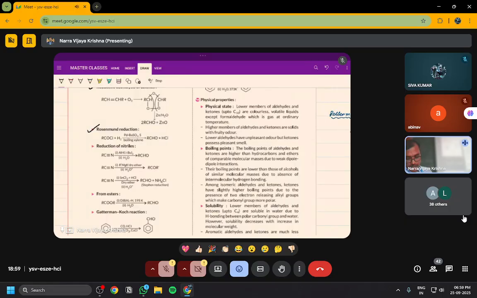Observe what they have given. Lindlar's catalyst, a popular poisoned catalyst, is a mixture of palladium, calcium carbonate, and lead. A mixture known as Lindlar's catalyst.